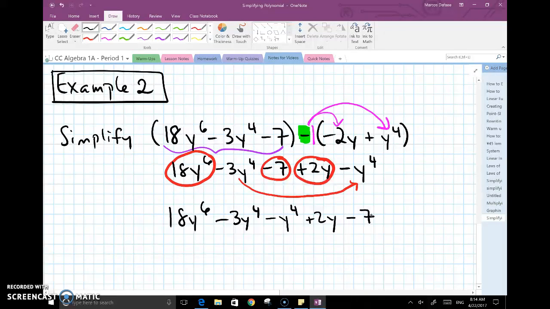Therefore, the degree on that term is 0. The only thing I need to combine are these two terms here. Everything else will drop straight down into my answer.